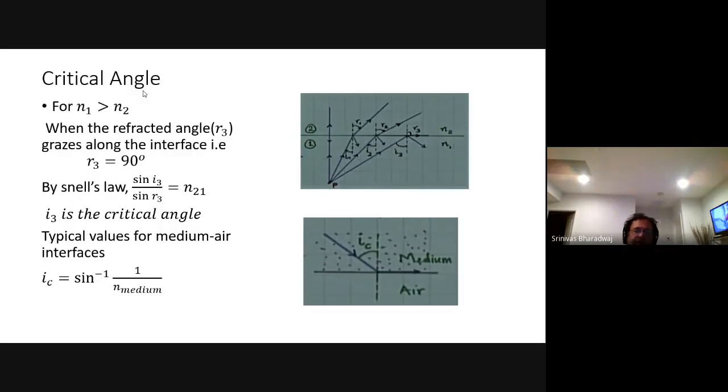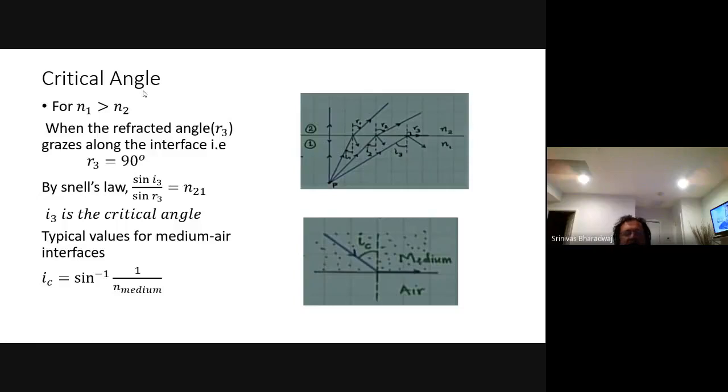Typically when you go from a rarer to a denser medium, sine I will be greater than sine R. But when you go from a denser to a rarer medium, you can end up with a situation where all the light incident at a certain angle gets completely reflected.